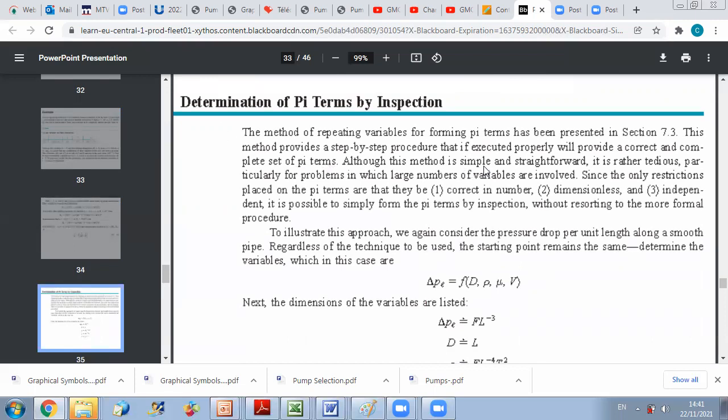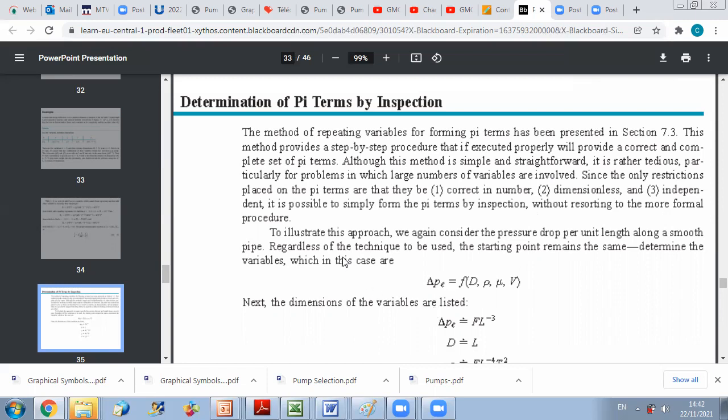Although this method is simple and straightforward, it is rather tedious, particularly for problems in which large numbers of variables are involved. Since the only restrictions placed on the pi terms are that they should be correct in number, dimensionless, and independent, it is possible to simply form the pi terms by inspection without resorting to the more formal procedure.